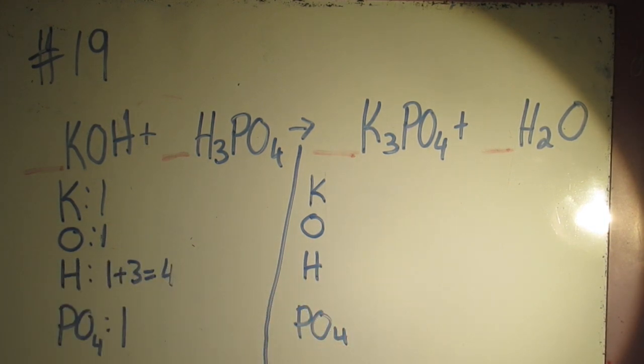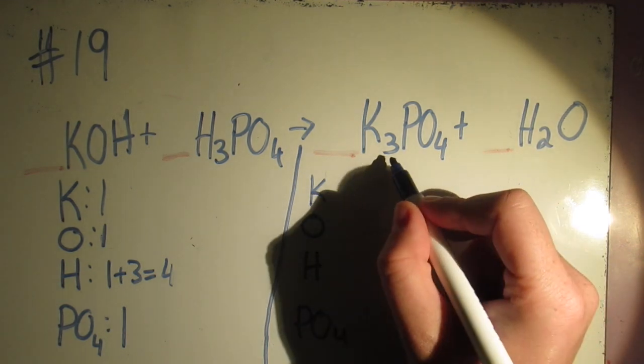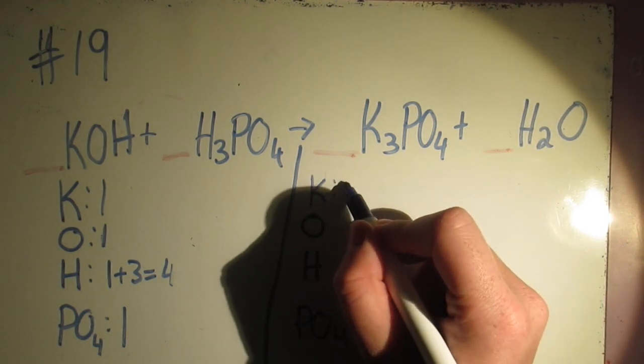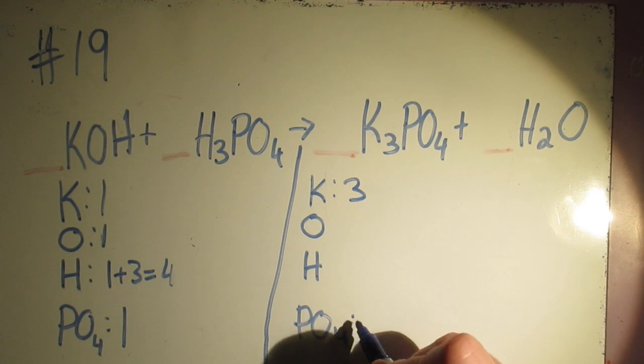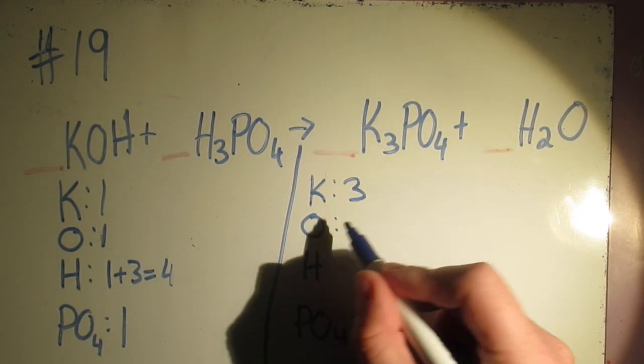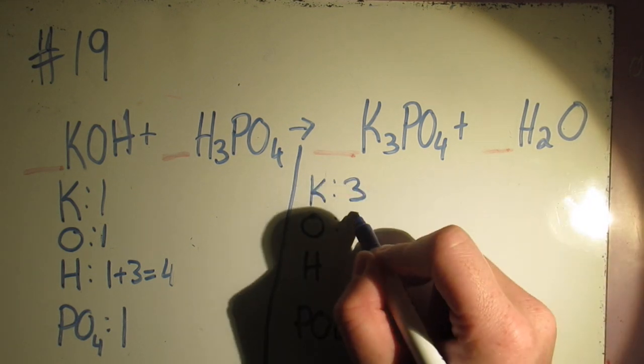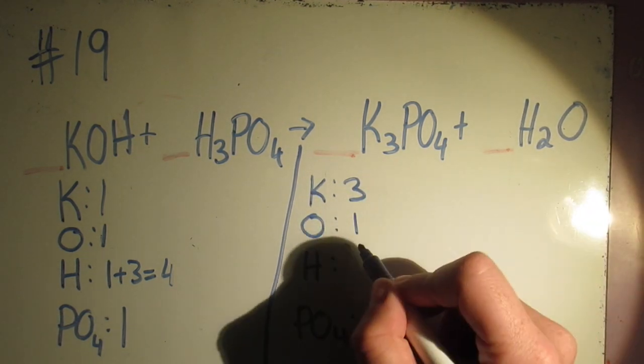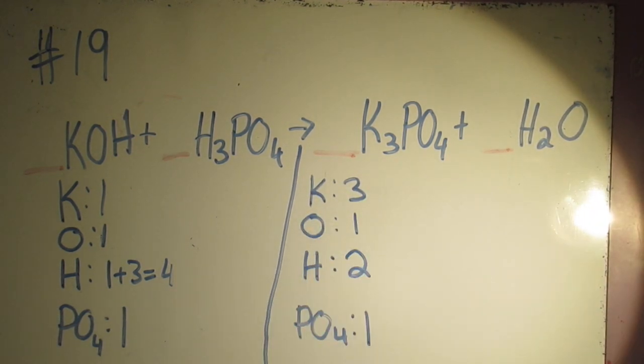Maybe you caught that before I did. Then over here we count these 3, go down to here, this is just 1 for the whole cookie. Oxygen, we've just got 1, and hydrogen, we've got 2. Okay, so those are my elements and polyatomic atoms.